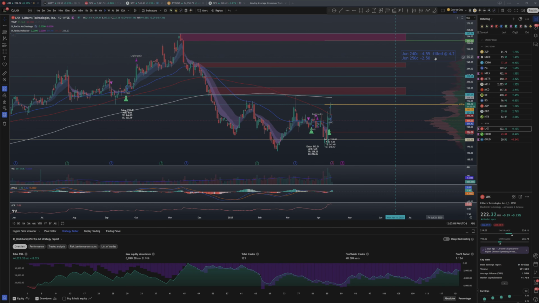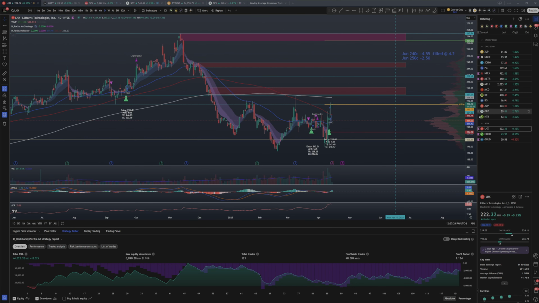Now, this is a longer swing. This one here is going to be about 7 to 8 weeks max. If we hit that profit target tomorrow, of course, then that's all I need. But max, I'm gonna give it up until about the middle of June.